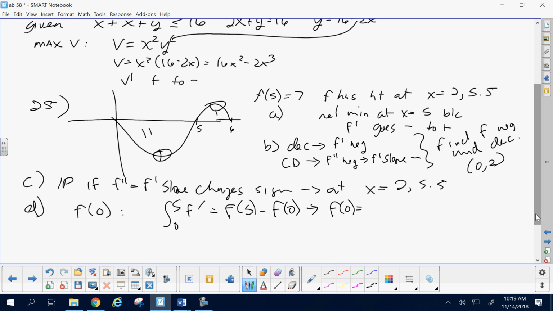F at 0 is F at 5 take away the area, and that's given to you. So 7 minus, and that area is negative 11. So it is 18.